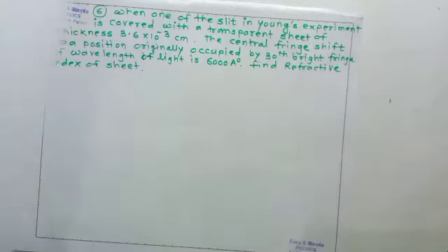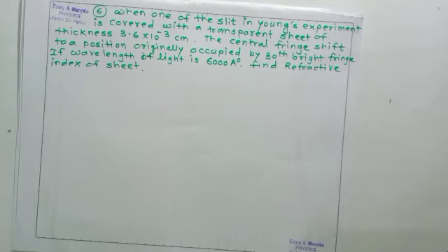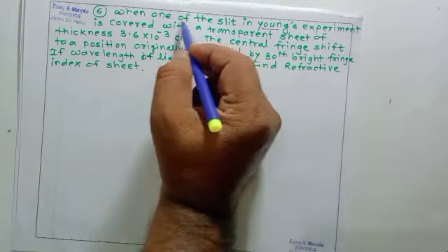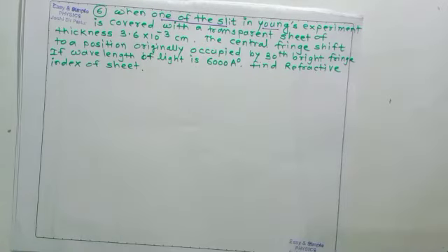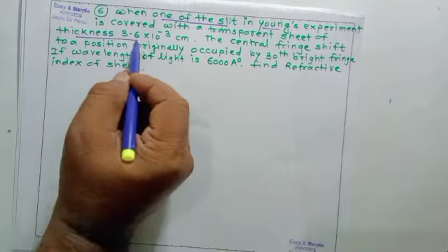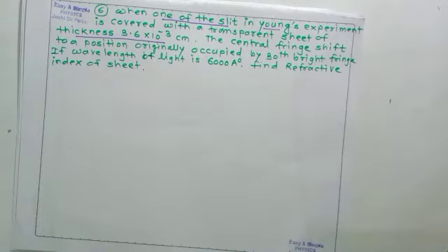Again, if a question is asked: one of the slits in Young's experiment is covered with a transparent sheet of thickness 3.6 × 10^-3 centimeter.